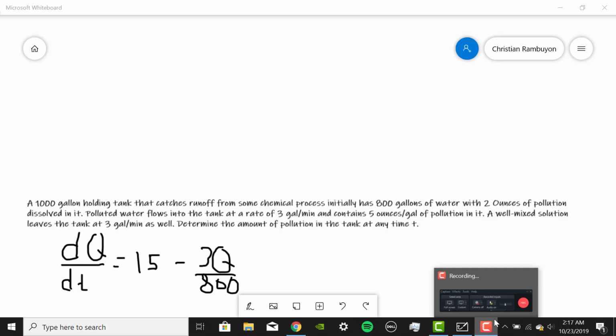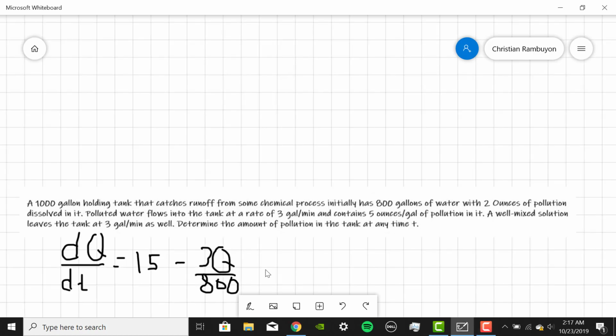Aside from the given and shown methods in solving this problem, we can also use the integrating factor method. So first, after we have used the formula for concentration of solution, we know that dq over dt is equal to 15 minus 3q over 800.